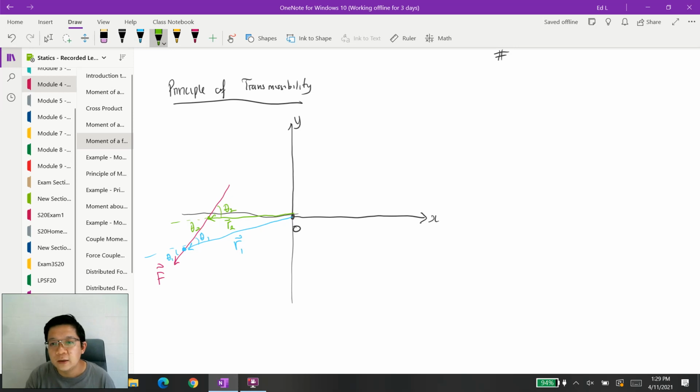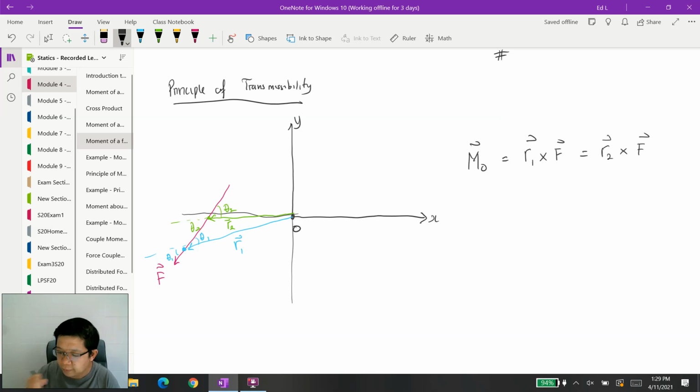Okay? So my question to you is whether M naught can be calculated as R1 cross F. It also can be calculated as R2 cross F right there. So what do you guys think about this?